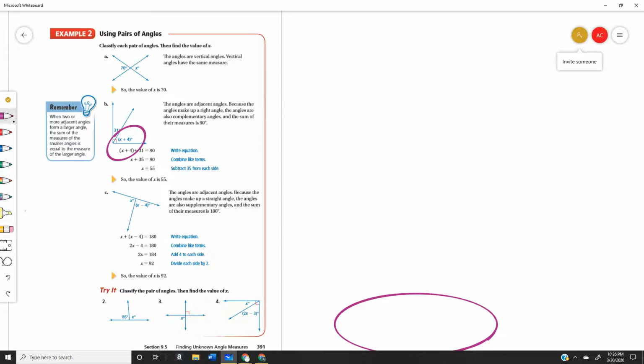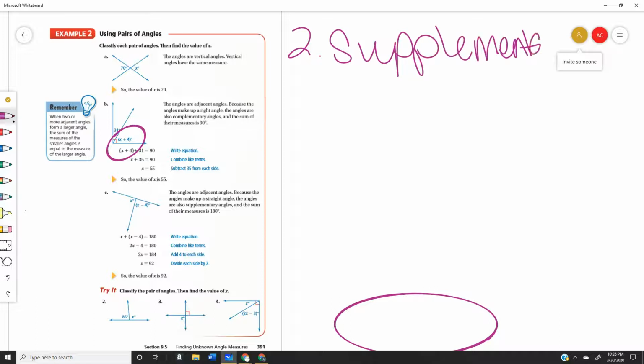All right, let's look at 2. In 2, the angles are supplementary. They form a straight line, so they are supplementary. And the measure of x is equal to 95 degrees. Okay.